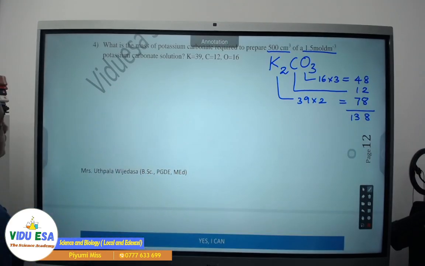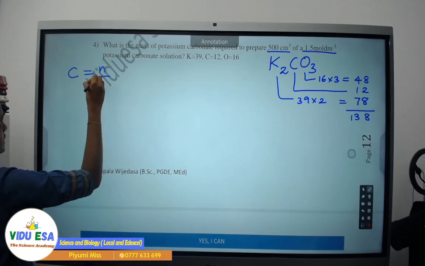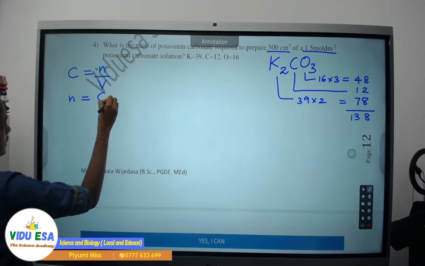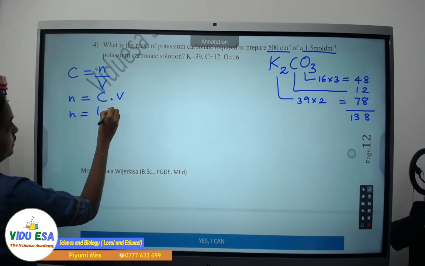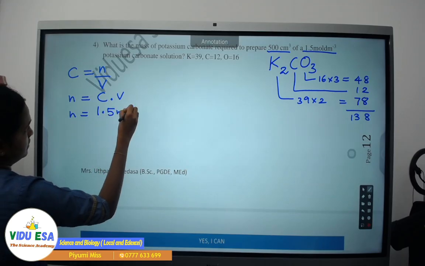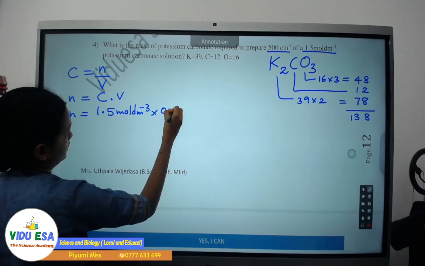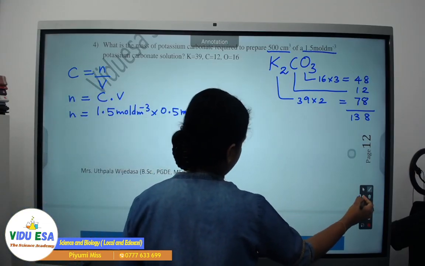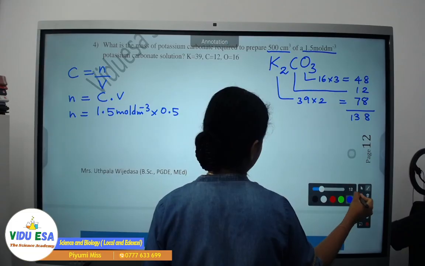Then you are asked to calculate the mass. So you have to find out the number of moles. C equals N over V, so N equals C into V. The concentration is 1.5 moles per cubic decimeter, and the volume is 500 cubic centimeters, which means 0.5 cubic decimeters.